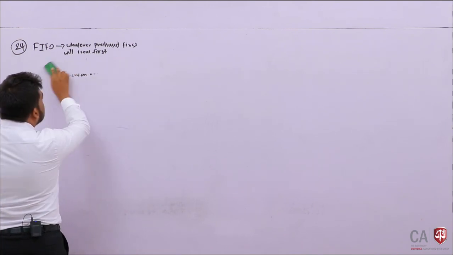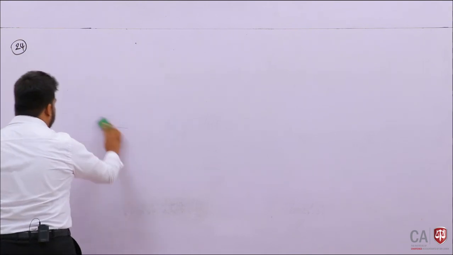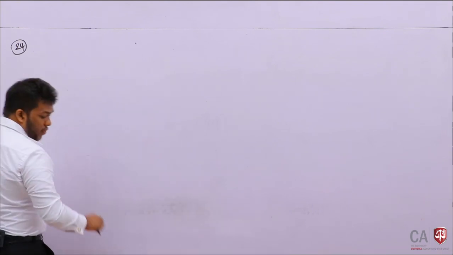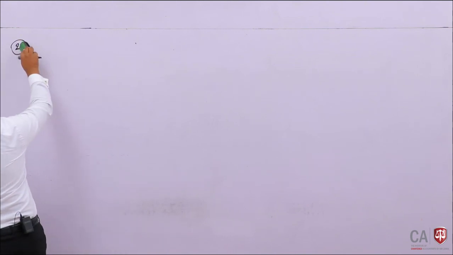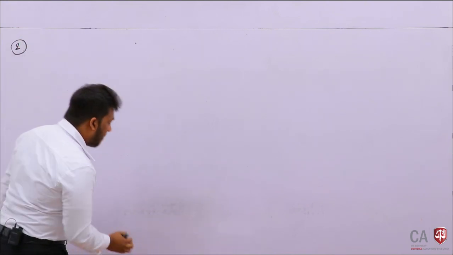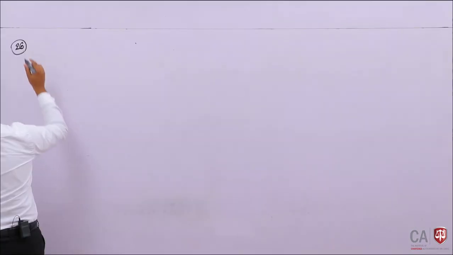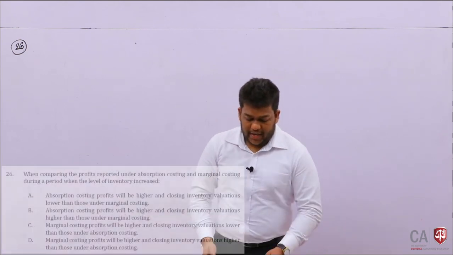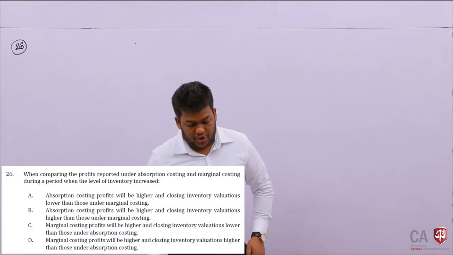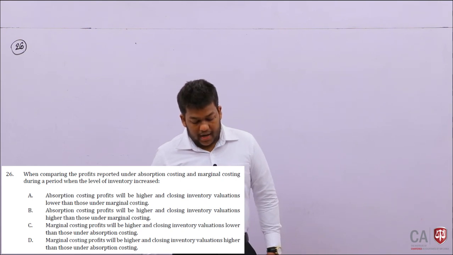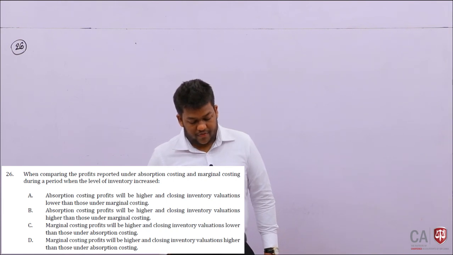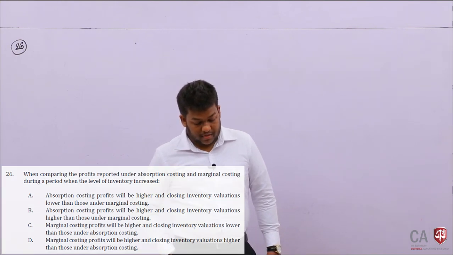Question number 26. When comparing the profits reported under absorption costing and marginal costing during a period when the level of inventory increases, what will happen?